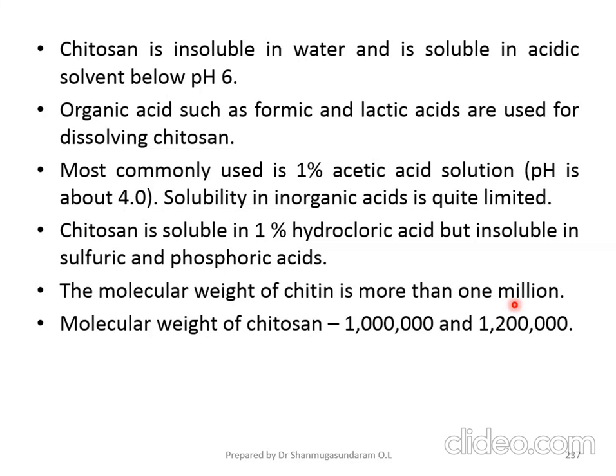Polyester has only 18,000, or 30,000, not more than 1 lakh. But the chitin polymer's molecular weight is more than 1 million.